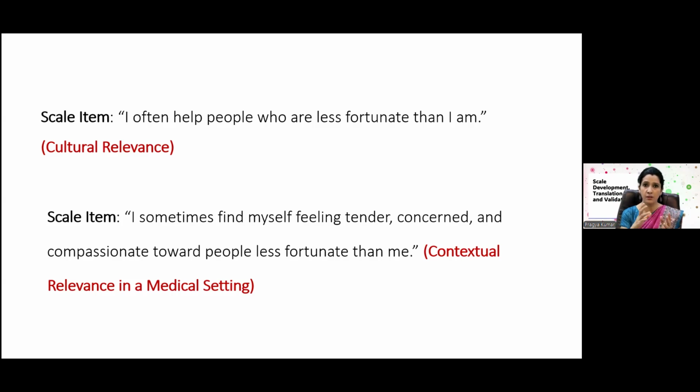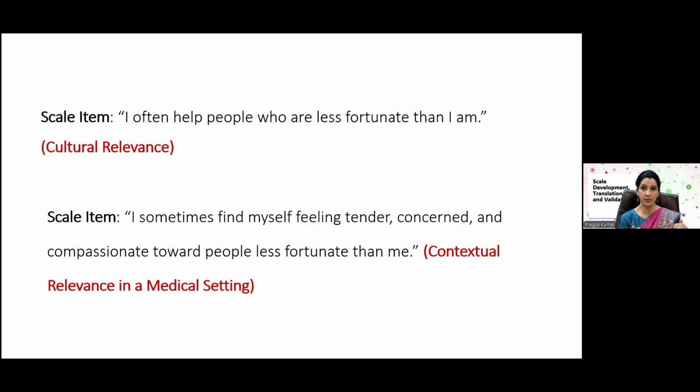Because of their religious background or their familial trait, they might do this activity. They will say highly agree, but they might not be empathetic from inside. It is just learned behavior over a long period of time. So in that cultural reference, if you actually want to assess empathy, you should know whether that is a cultural trait which they have acquired or a personality trait.